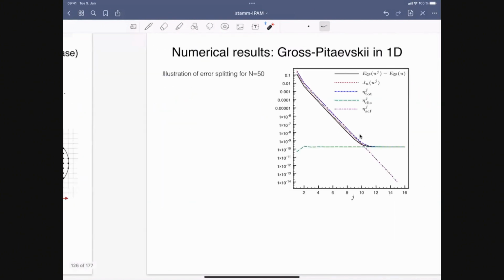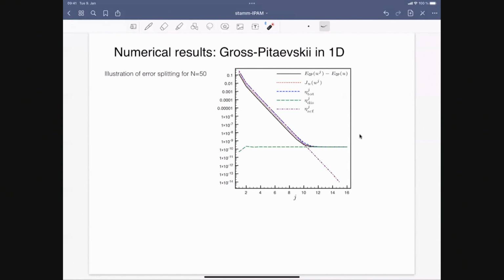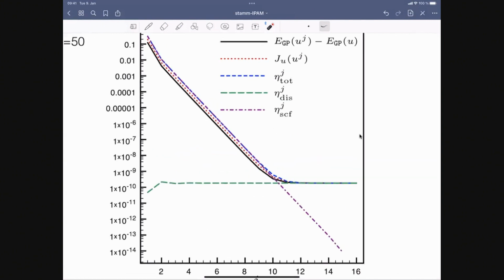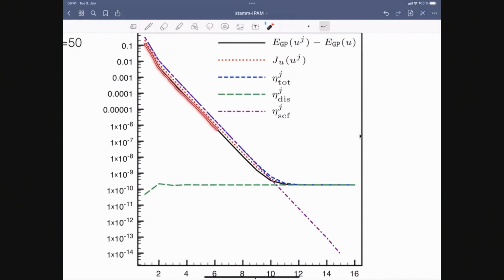And again, testing in the Fourier plane wave, you can now, for a fixed space, run the SCF iteration and monitor different quantities. So in black here, that's the actual energy difference. Then this is the quantity we're going to estimate. This is squeezed in here. And then you have the total energy error estimator, the blue one here.